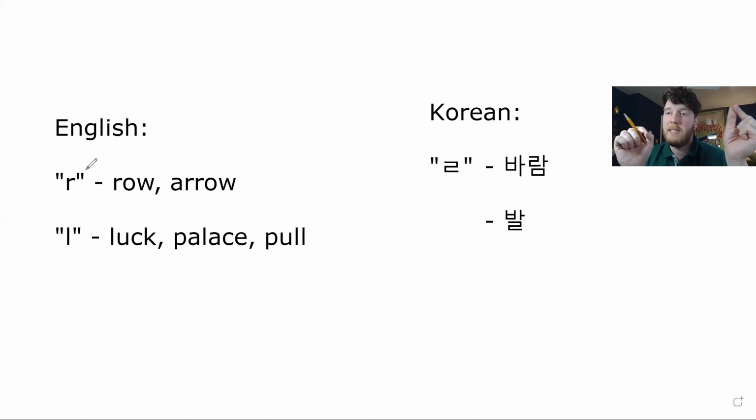But what's interesting to me is that for many speakers, not just Korean, but for many, many languages, but for those who are coming from Korean, when we come to English, we often hear people represent this R sound with this ara sound. So we'll get arrow instead of arrow.